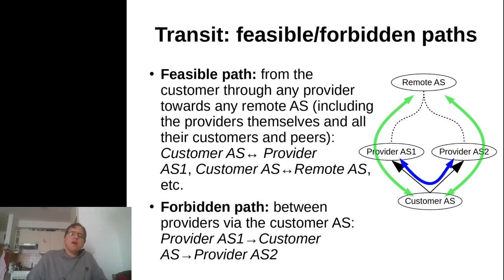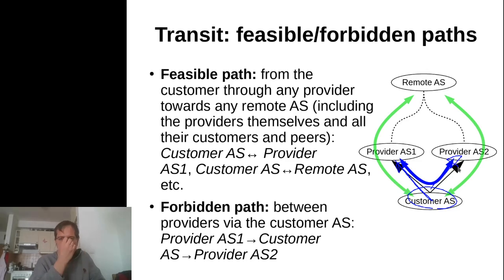Now, let's just forget a little bit about peer paths and assume that the internet consists of transit relationships only. If we just consider this very simplified view of the internet architecture, which are the types of paths that may arise in this model? Let's see feasible paths. Consider, for instance, a customer that buys internet transit from two provider ASes.